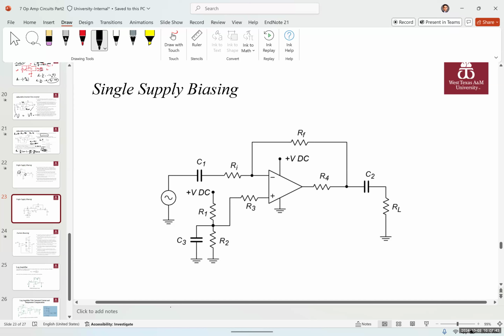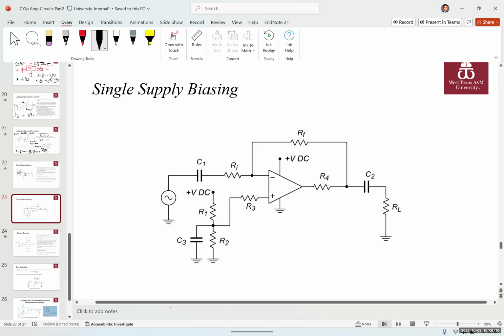We have the capacitors for coupling to isolate the DC and the AC. And we have an RF in the feedback that determines the gain in the system, and it's an inverting amplifier because the input is connected to the inverting input.